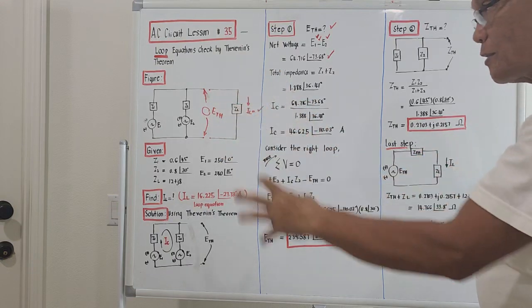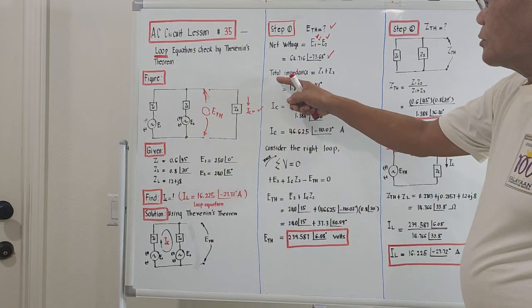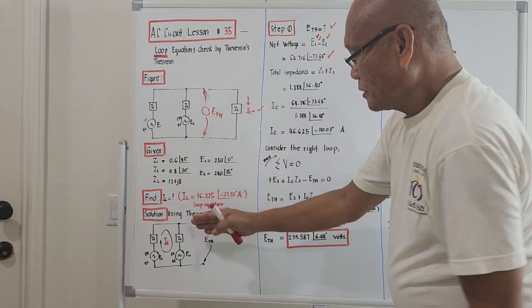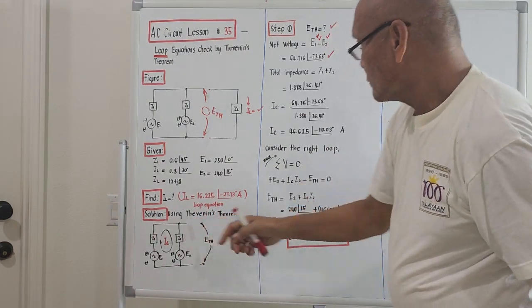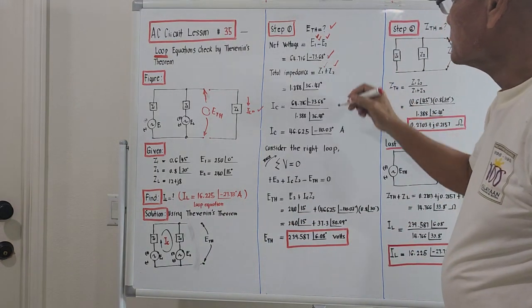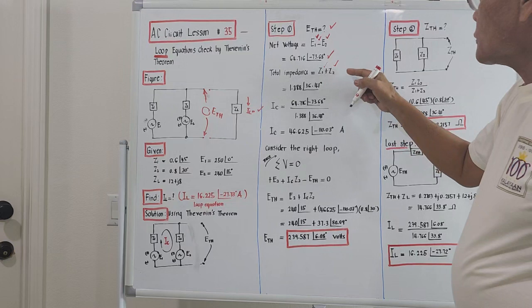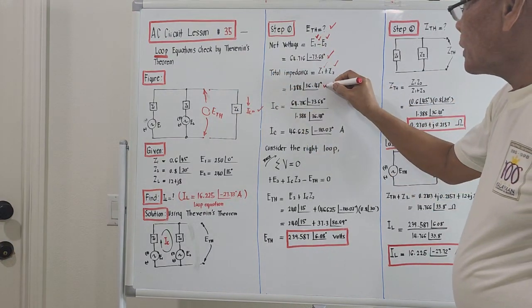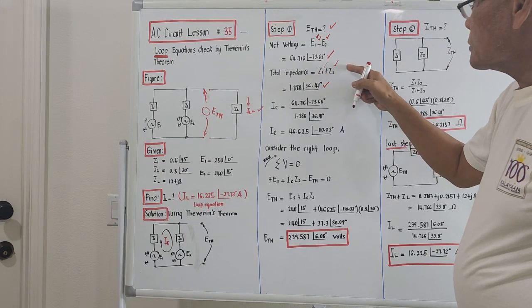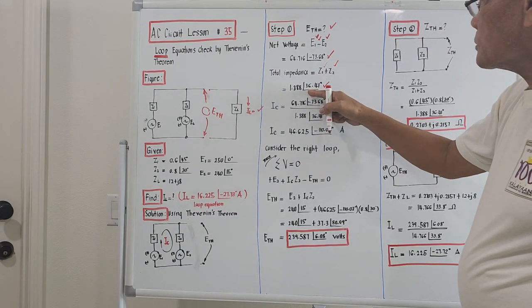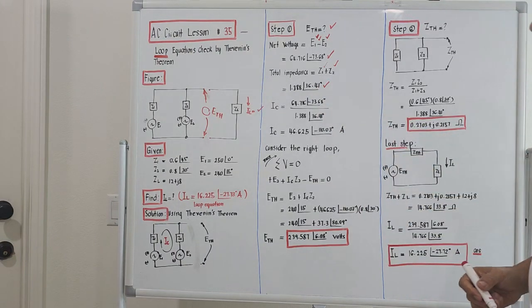We are solving the same problem. The total impedance after the disconnection is just C1 and C2, so it will be C1 plus C2. We have done this from lesson number 34, and the total sum of C1 and C2 in polar is 1.388 angle 36.41 degrees.